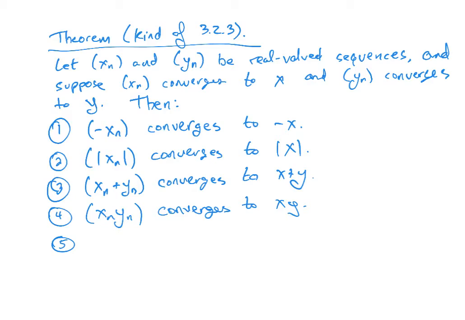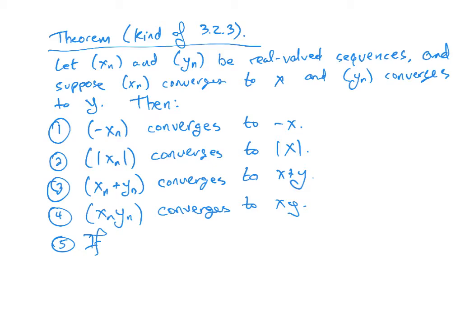But anyway, we need to say something here. Scaling the sequence? Oh, scaling we'll get from 4. If you let yn be a constant sequence, then you're allowed to scale the sequence from 4. Yeah.